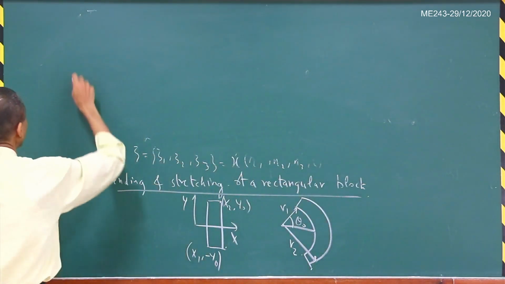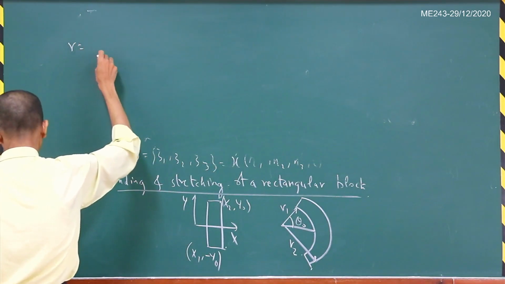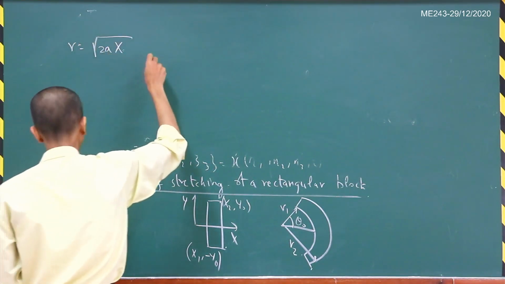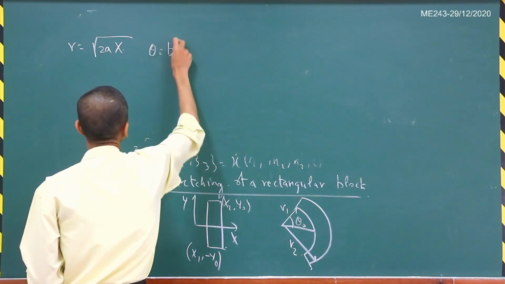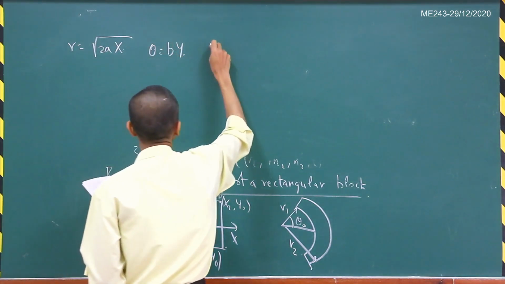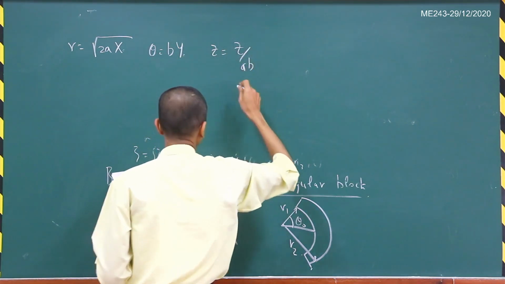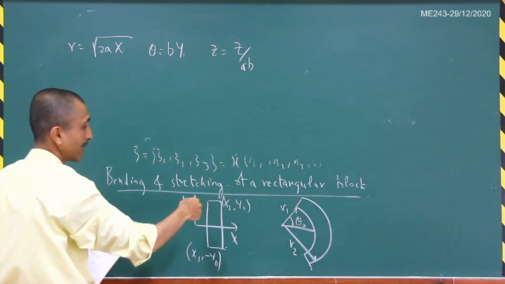The deformation is given by r equal to the square root of 2aX, theta equal to bY, and z equal to Z divided by ab. Here this z is extending into the board.